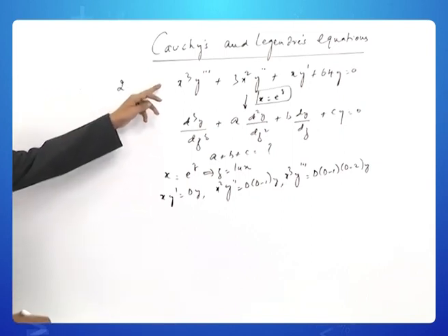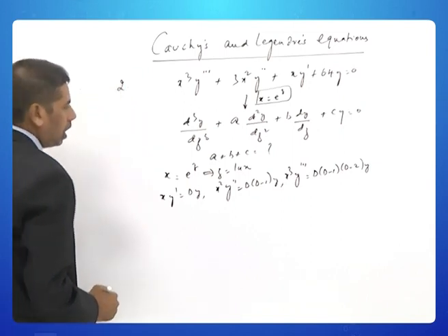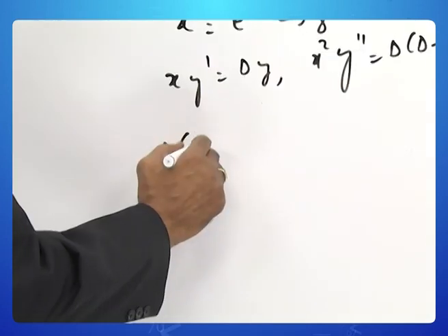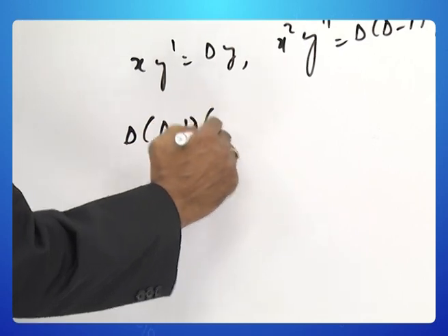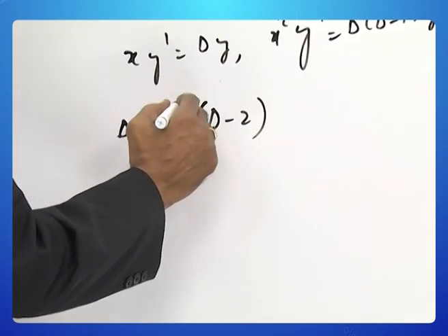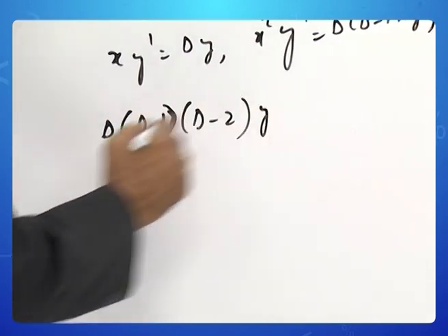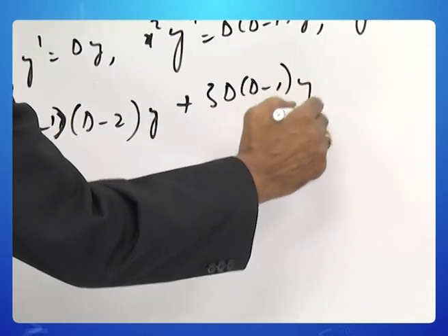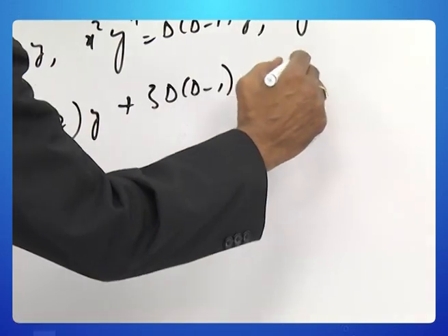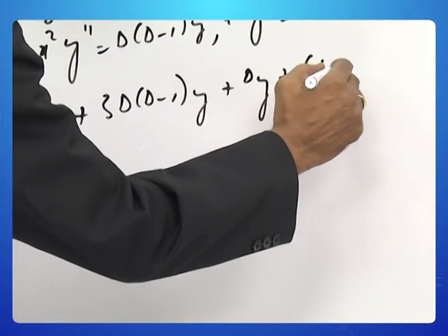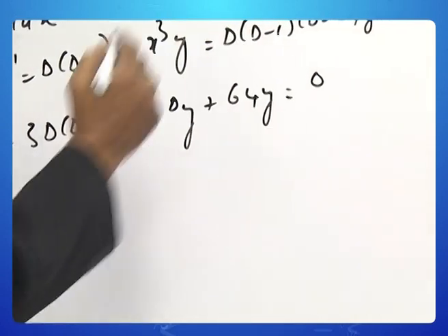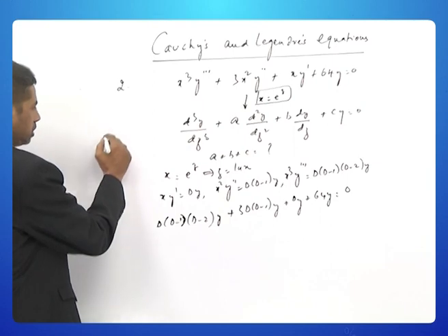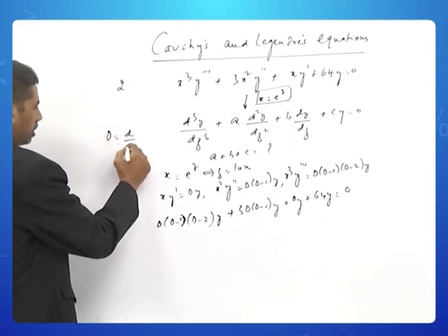So, take this and substitute in the given equation, and you will have D into D minus 1 into D minus 2 y plus 3D into D minus 1 y plus Dy plus 64y is equal to 0, where of course you know what is D. D is d by dz.